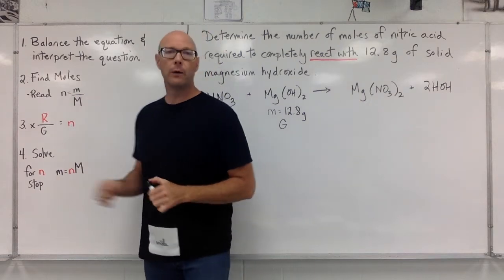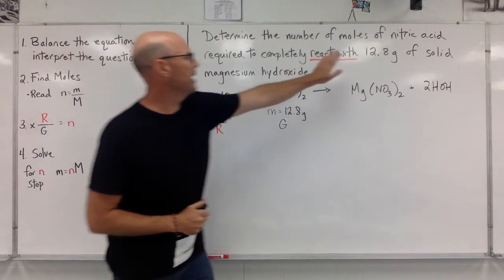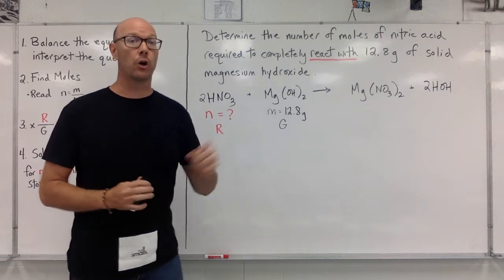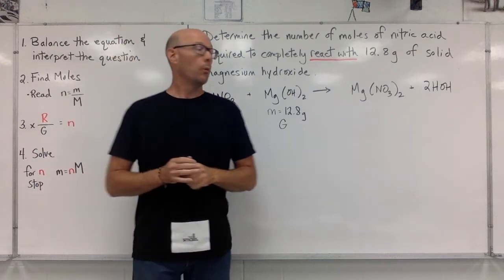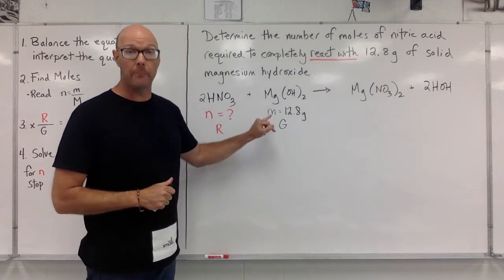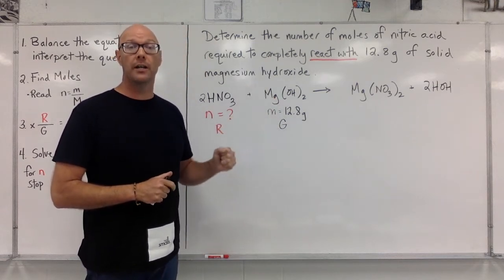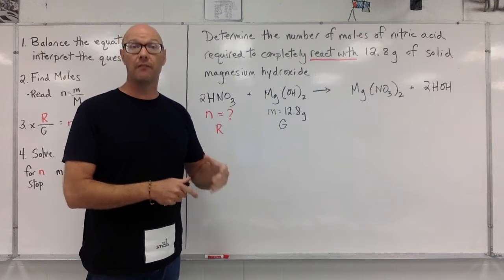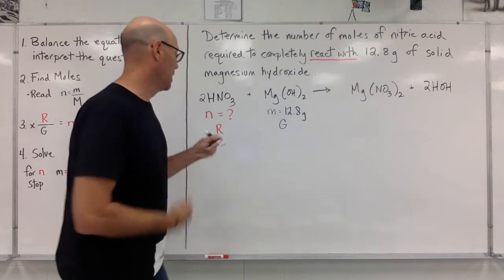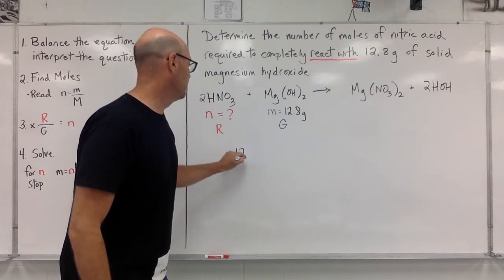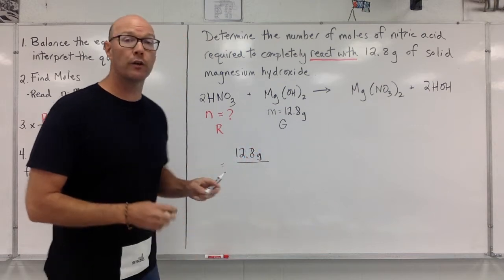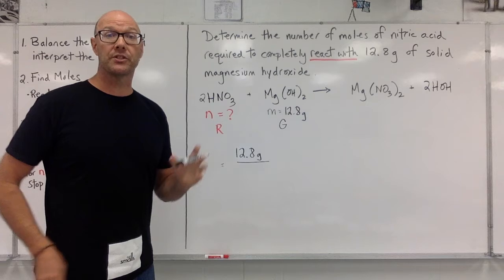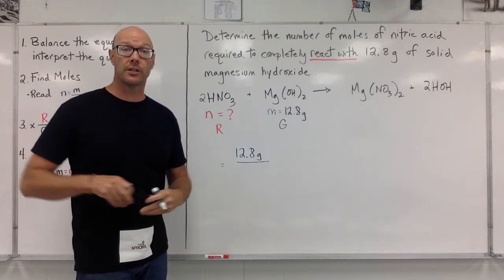Can we find moles by reading? This only has 12.8 grams, so we need to do mass over molar mass. We have 12.8 grams of magnesium hydroxide, so we need the molar mass of magnesium hydroxide. We're going to do 12.8 grams over the molar mass of magnesium hydroxide.